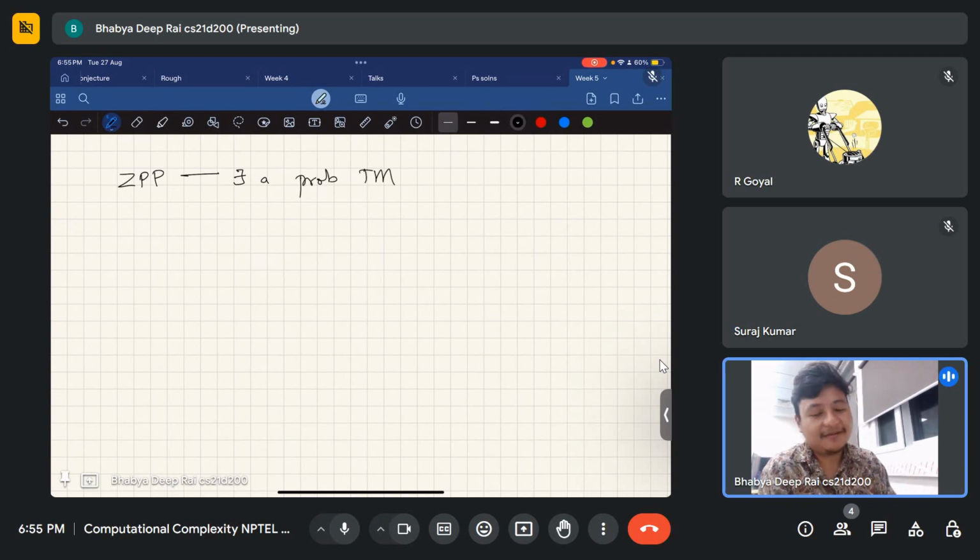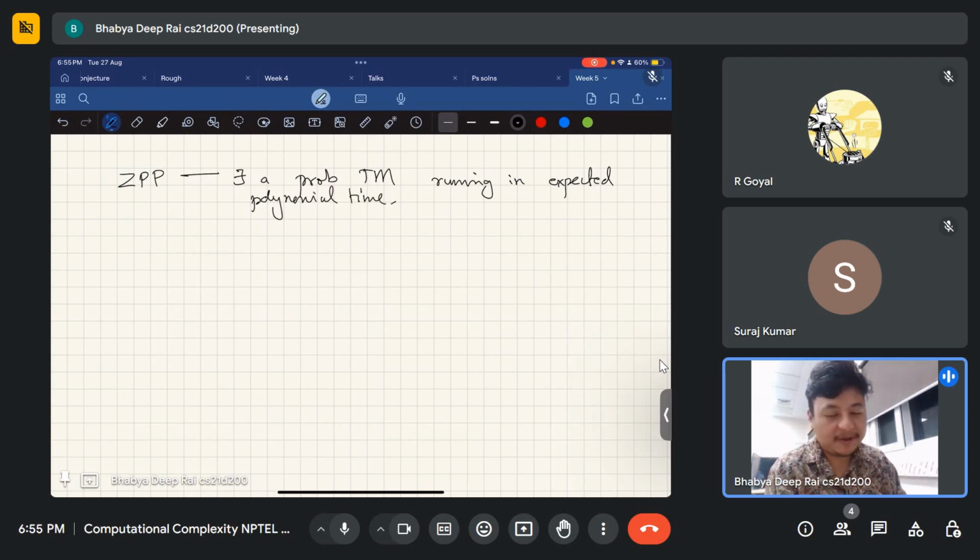Same as a randomized algorithm, same thing. There is a probabilistic Turing machine running in expected polynomial time without errors.